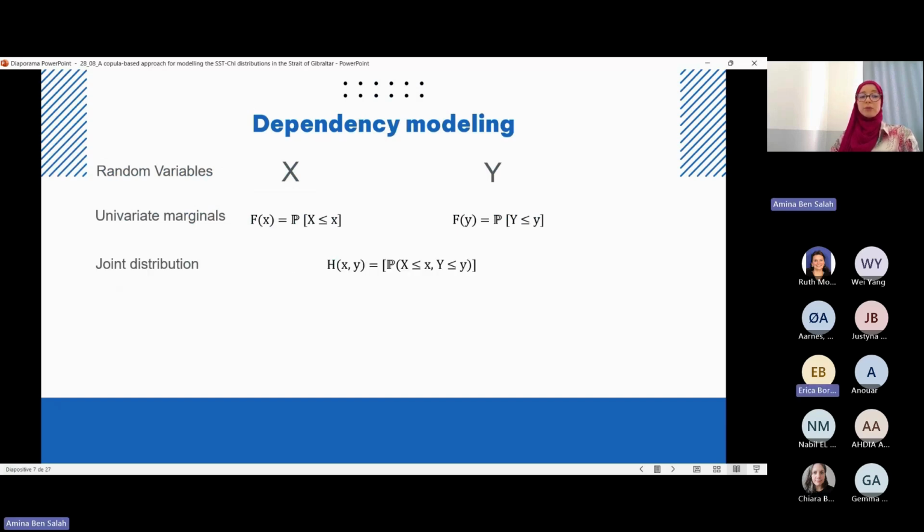The joint distribution, denoted by H, captures the combined behavior of the two variables. It tells us how the probability of one variable is related to the probability of the other. And finally, Sklar's theorem is the fundamental theorem of copulas that links the joint distribution H to the marginal distributions Fx and Fy via a copula function.